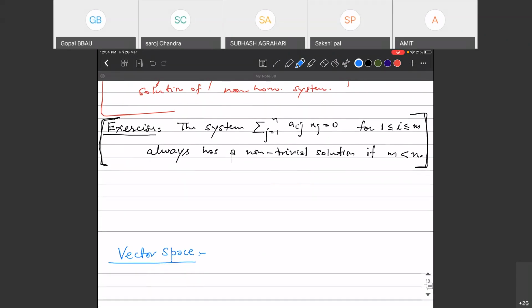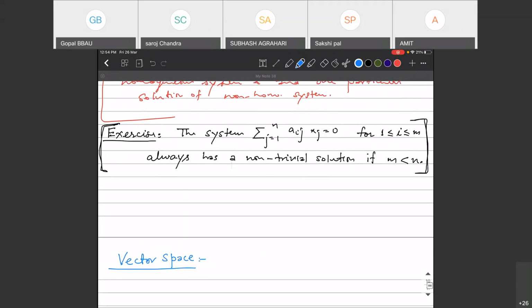Okay, so now we are defining an abstract space. What does it mean by abstract? By an abstract space, we mean a set of points together with some axioms defined on it.